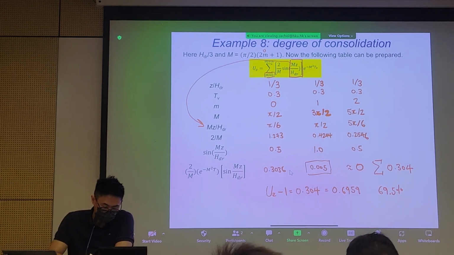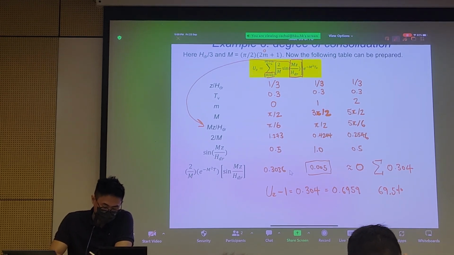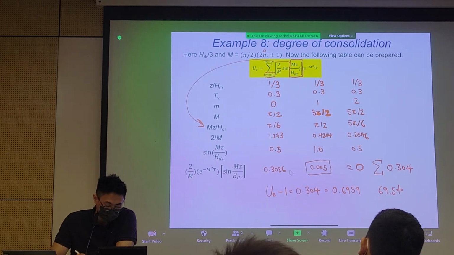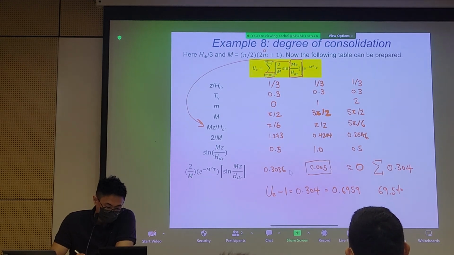So this is how we would do this purely from a computational point of view. But the issue is you normally wouldn't waste time doing this because you would just read it off a graph, right? If you want to know what a particular degree of consolidation is for a particular mid-height for a particular time factor, what do you normally do day to day?